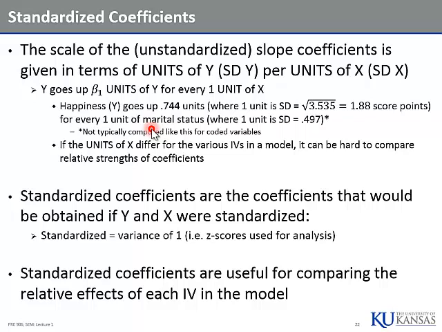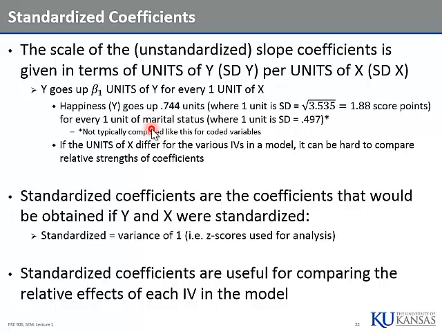One of the ways that we can try to compare the effect of independent variables on dependent variables is to create something called a standardized coefficient. Standardized is the way of taking units out of the equation.